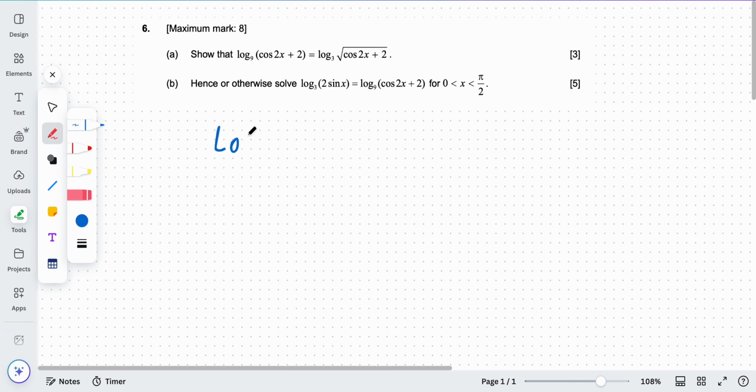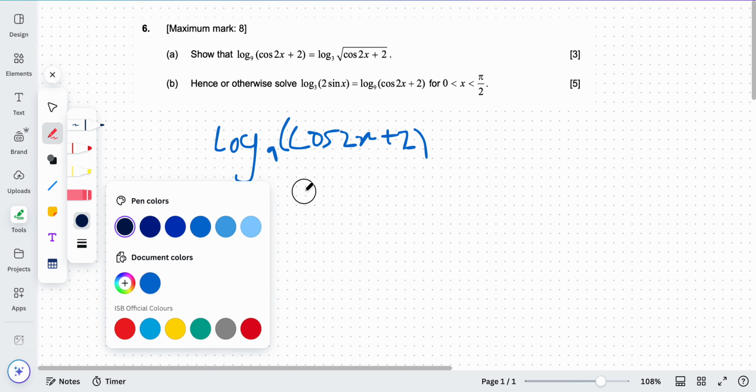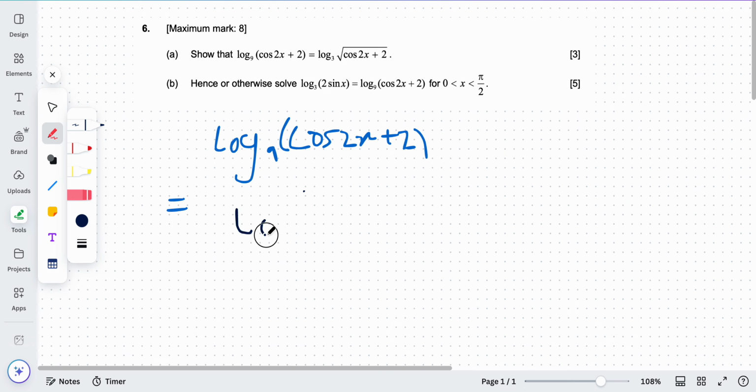just writing log base 9 of cos 2x plus 2. Because we want the base in 3, we'll use a change of base, so we make it base 3.